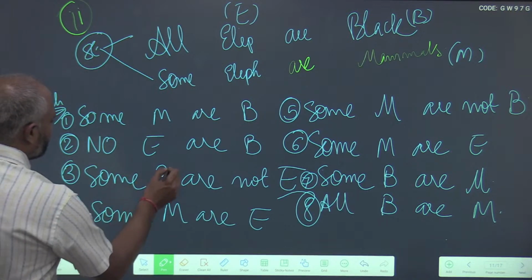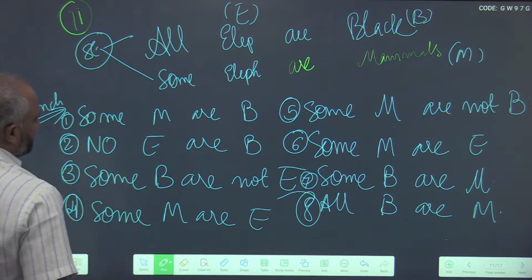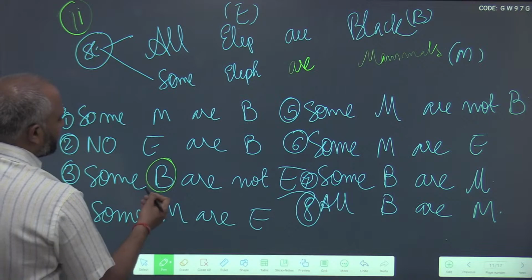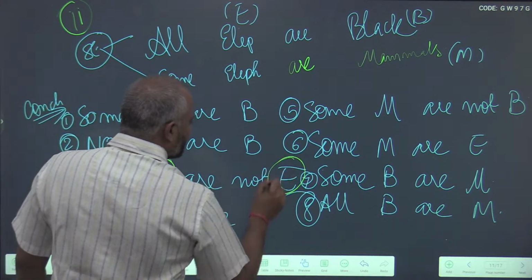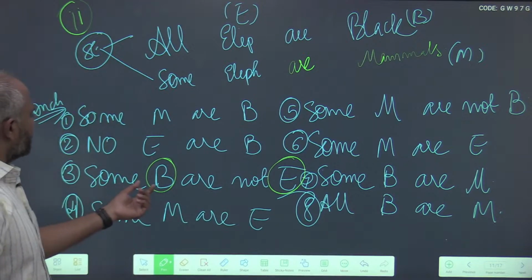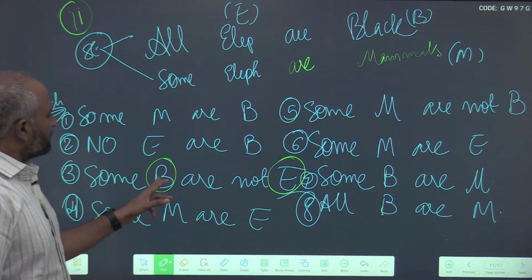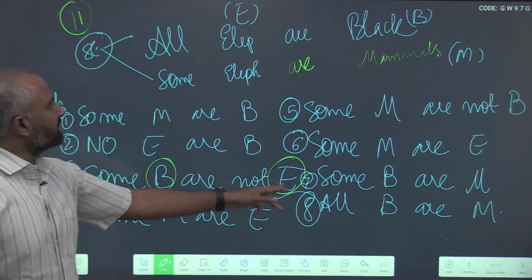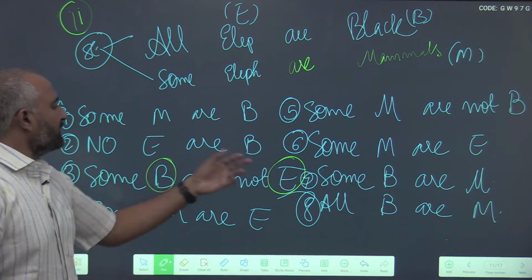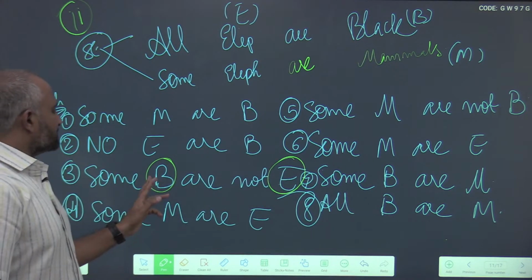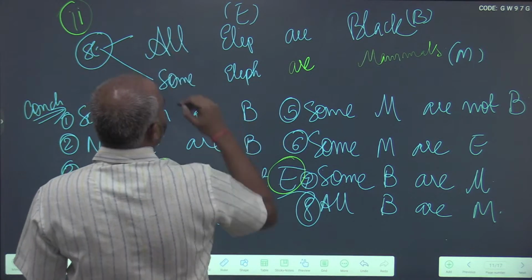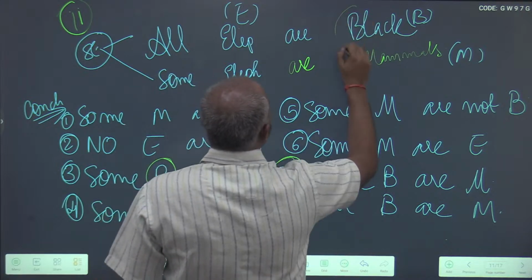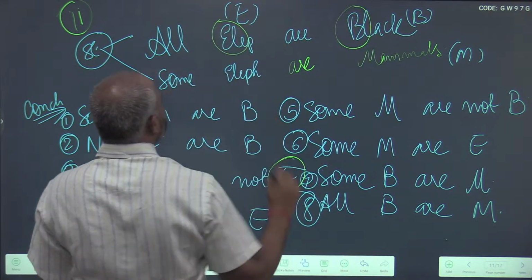For example, take the third. What are the subject and object? Our first concept was regarding subject and object. We need a relationship between B and E. So see the statement in which B and E are related. B and E are related in statement 1.